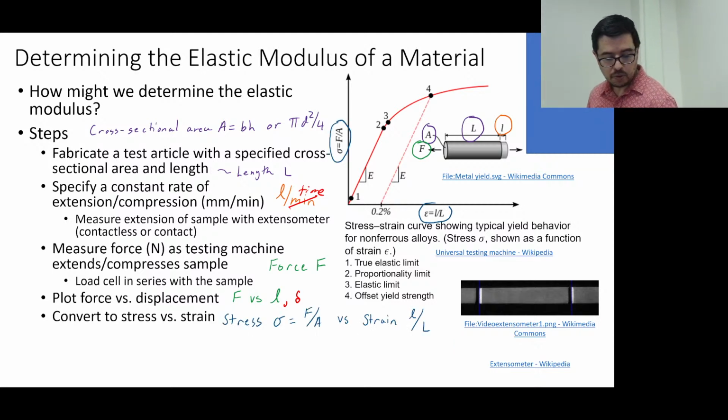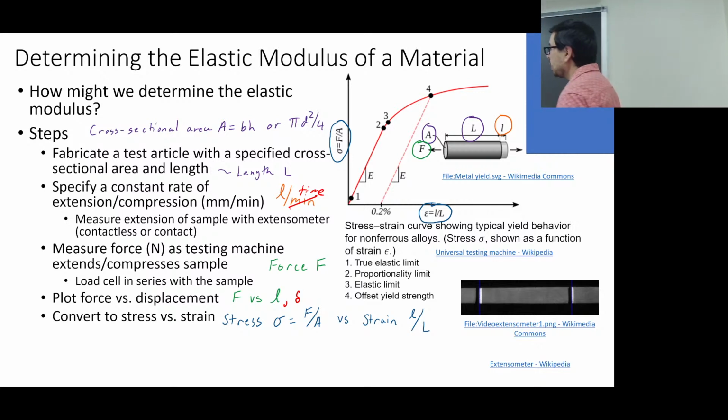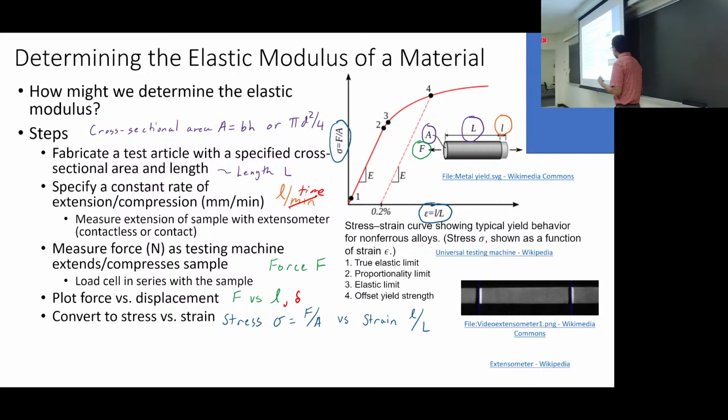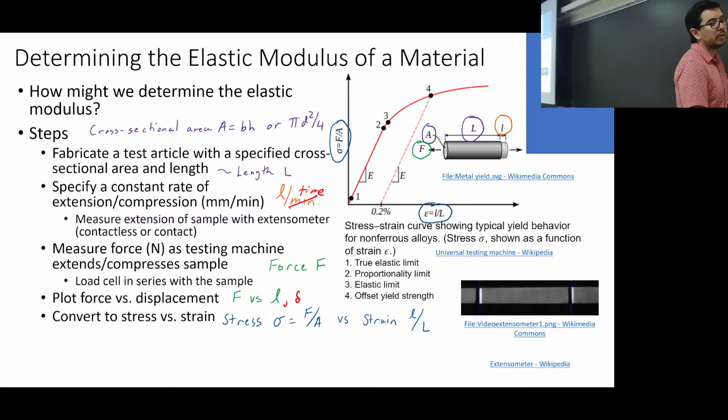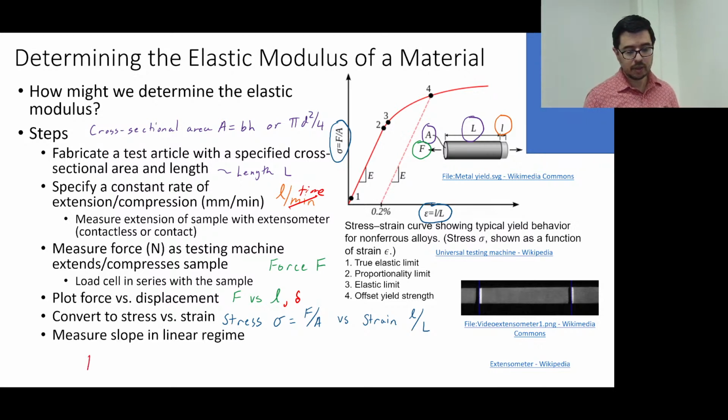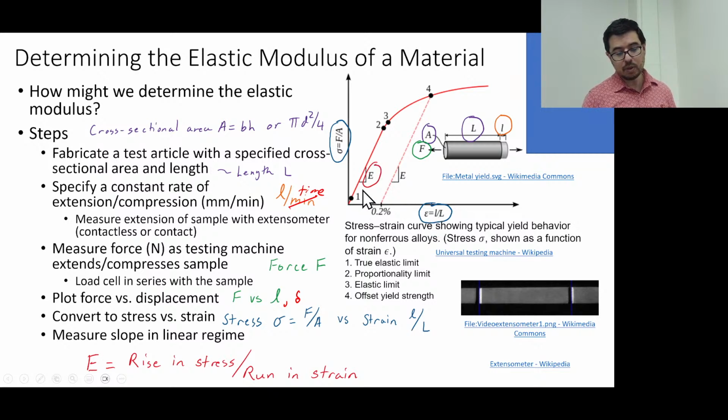We convert our forces to stresses using the cross-sectional area. We convert our displacements, our deformation, to strains by dividing by some initial length. And then we plot it. Here's sigma equals F over A, and epsilon equals delta L over L, and we plot the results, and we look for the linear regime, and it's the slope. It's just the rise over the run.